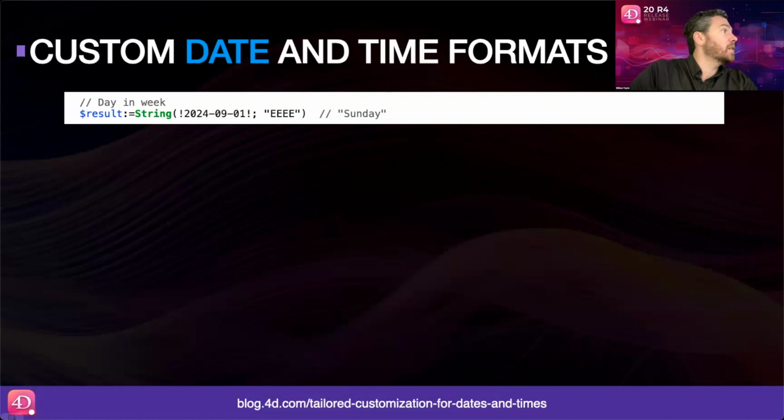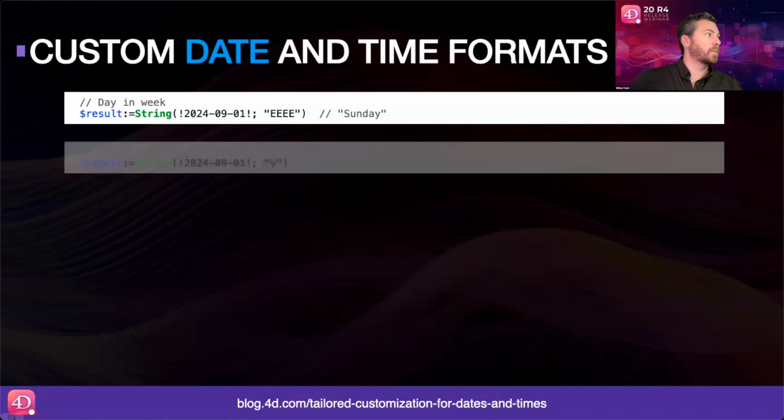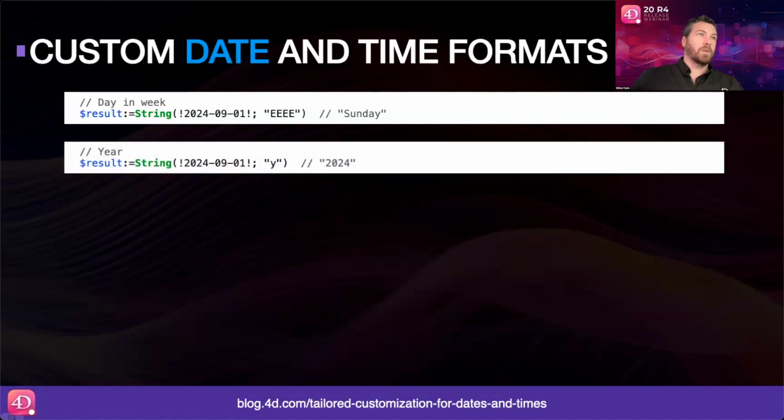So here we have a date, 2024 and 9, so it's September 1st, 2024. If we pass in the pattern, it says Sunday. So we can easily get the day of the week from there. Pass in a Y, get the year, classic.